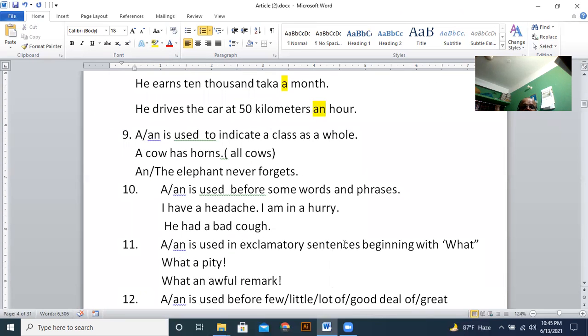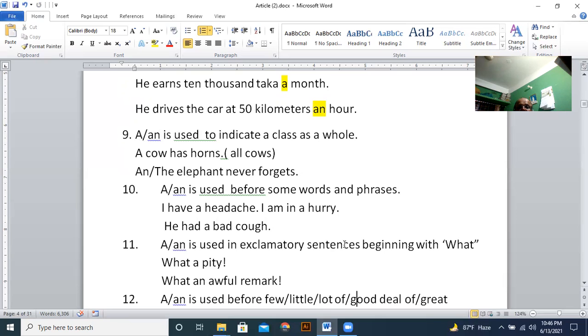Now serial number 9. A or an is used to indicate a class as a whole. Now look, a cow has horns. Basically, not one cow, but all cows. When we say all cows have horns, or a cow has horns, this is a common noun, and before it we have to use a or an.